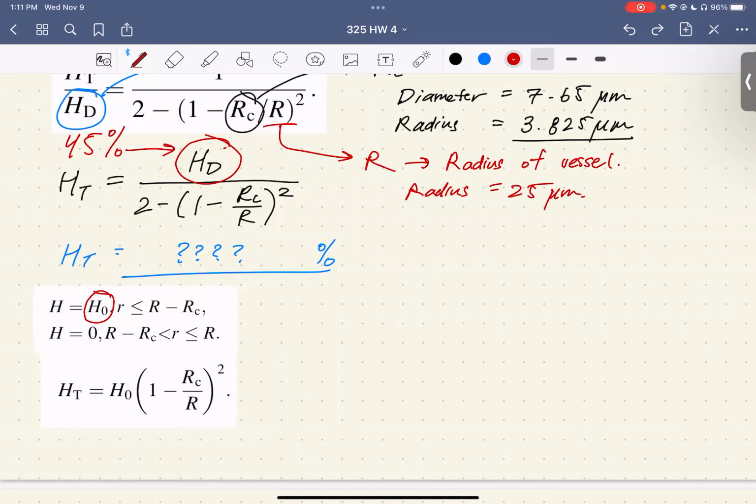And then we're going to say that for this, we have essentially 0 for RC, right? Hope that makes sense.